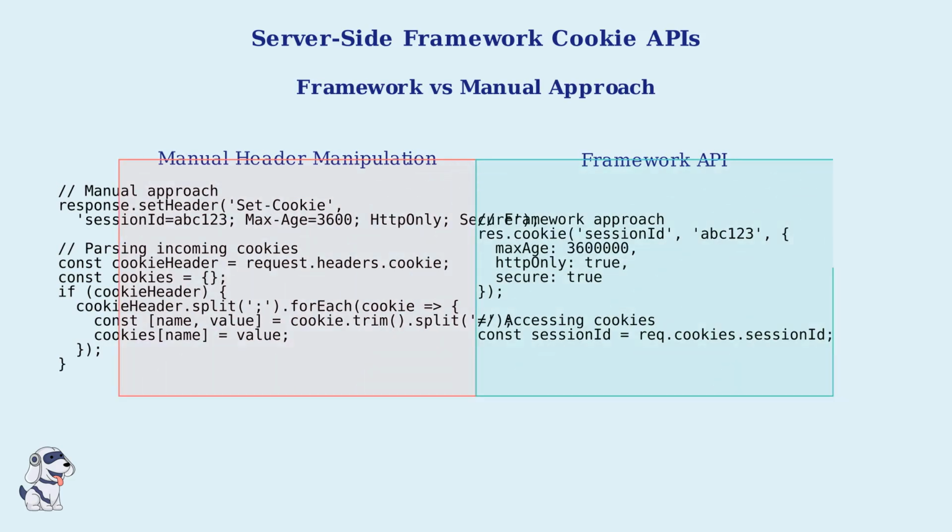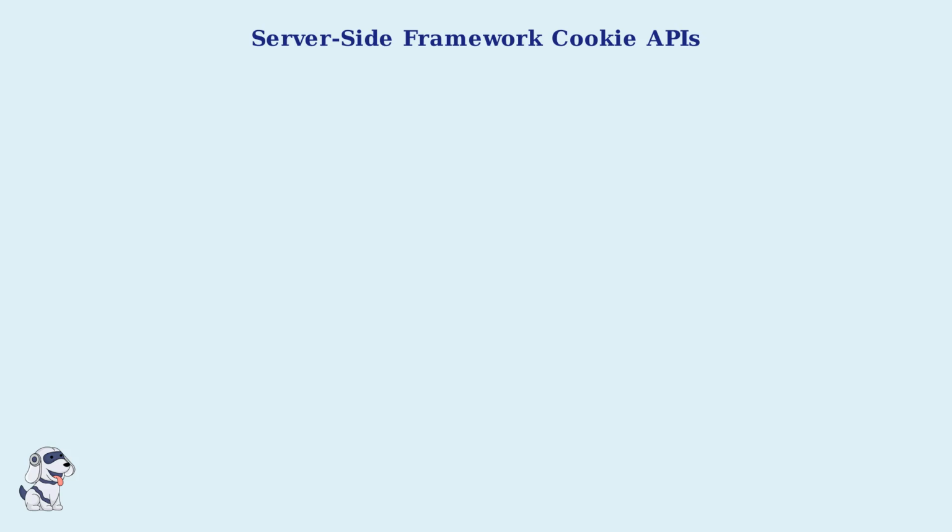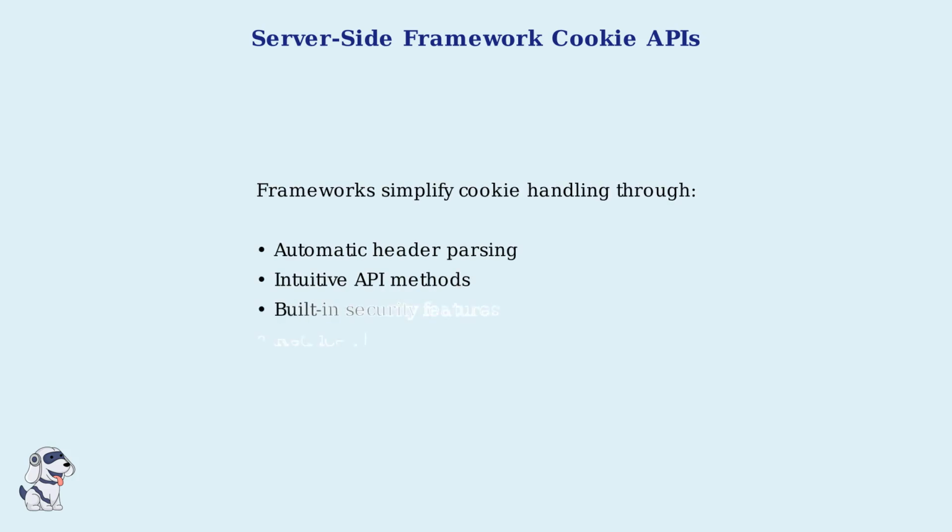Instead of parsing cookie strings and constructing set cookie headers manually, frameworks provide clean APIs that handle all the complexity, making your code more readable and less error-prone. Server-side frameworks transform cookie handling from a tedious, error-prone process into simple, intuitive API calls. They provide automatic parsing, convenient setting methods, and built-in security features, allowing developers to focus on application logic rather than HTTP header details.